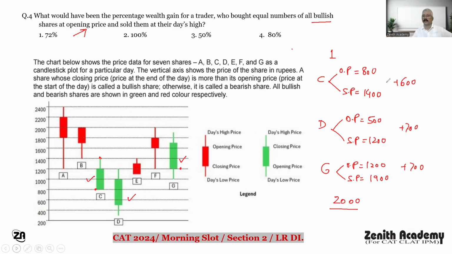And the cost for one share is 800 plus 500, 1300, plus 1200 is 2500, into 100. This is gain percent. So this cancels, 25 4 4 into 20, 80%. This is your answer. Okay. So thank you guys. This is your final question of the set.